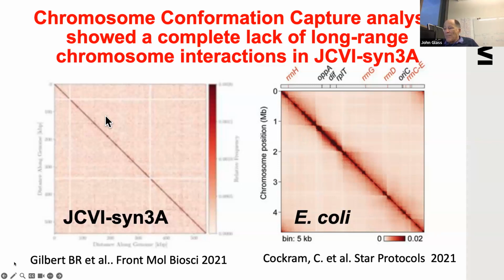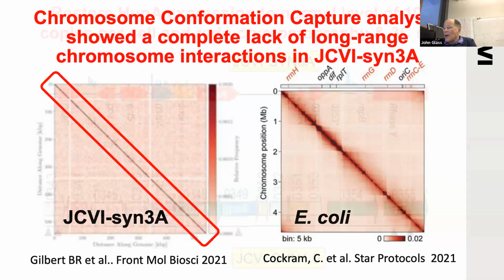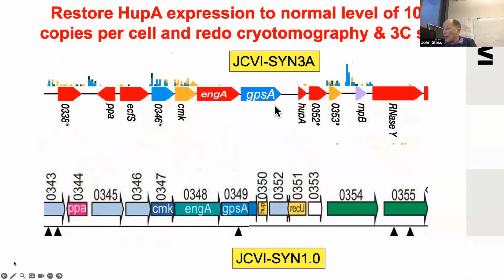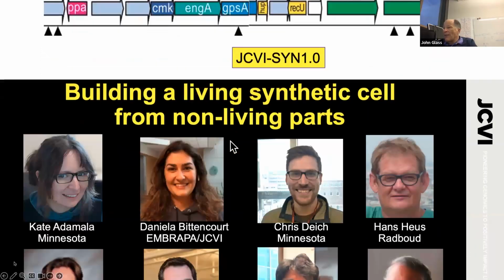And so in the minimal cell, there's basically no long-range chromosomal interactions. And we think that the HuPA may be mediating that. And so we're going to put GPSA back into the genome and then do this chromosome conformation capture study and see what happens. So we're excited about that.